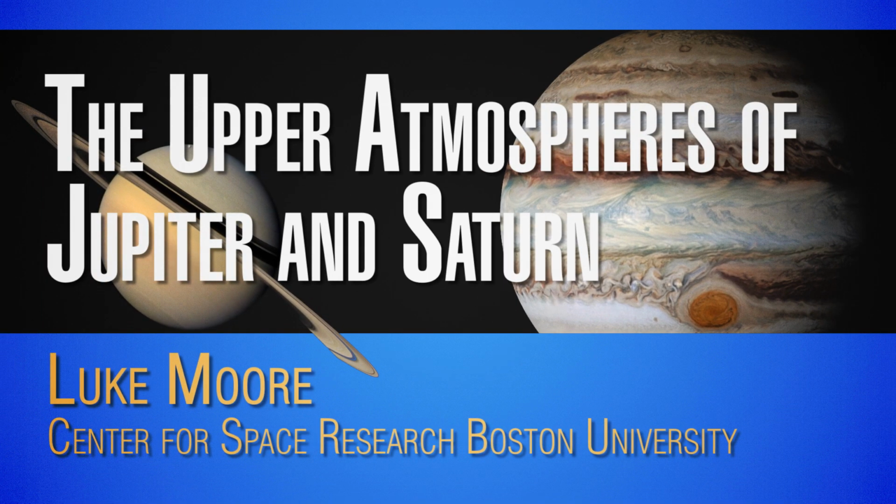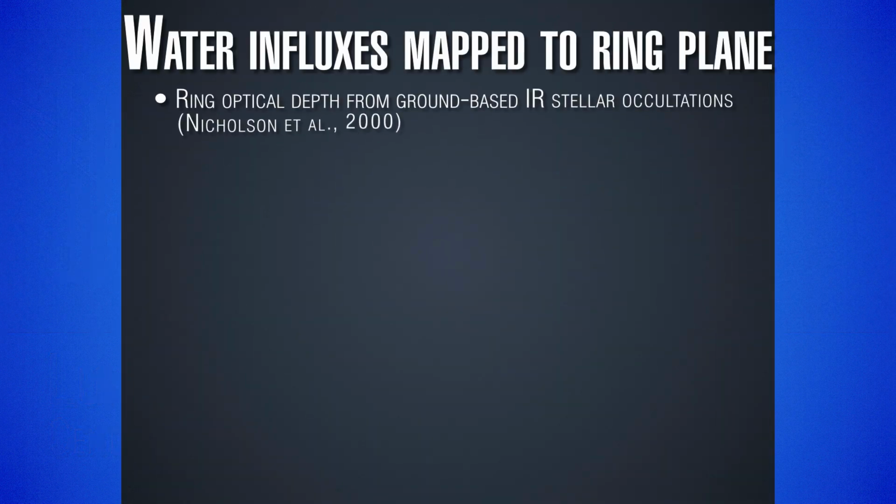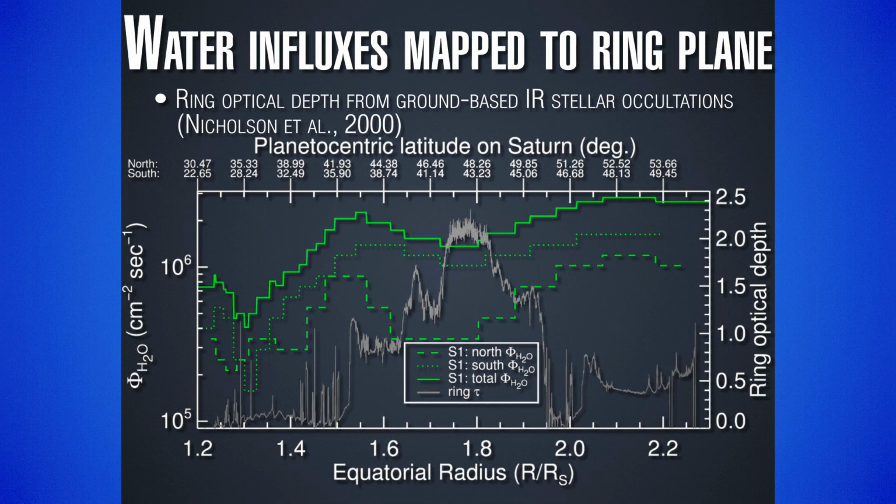So, if we do that process at all different latitudes, and we map the derived water influxes that we get from each latitude along magnetic field lines back to Saturn's ring plane, then this is what we see in this plot. The bottom axis is Saturn's equatorial radius in terms of Saturn radii.